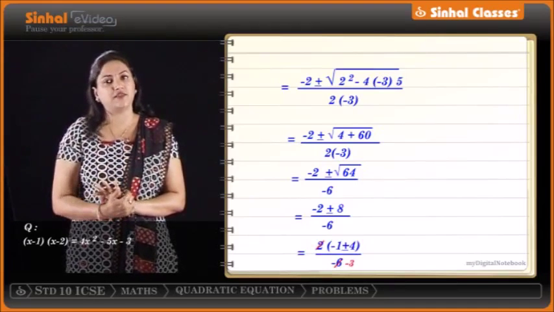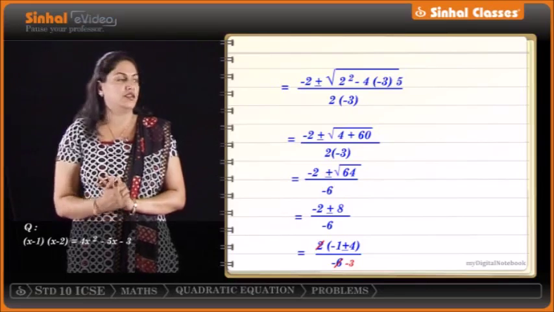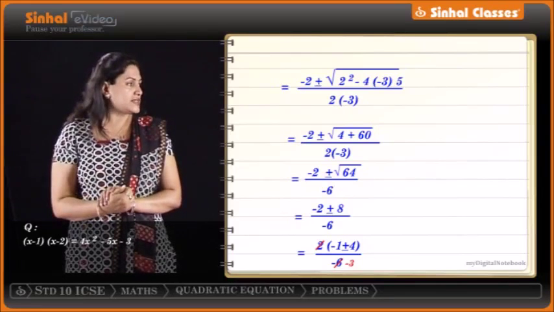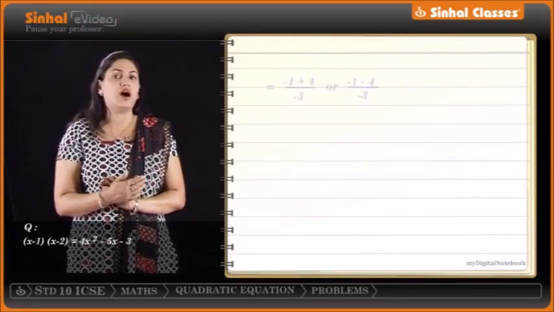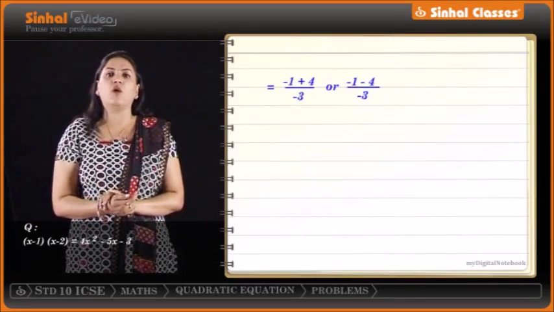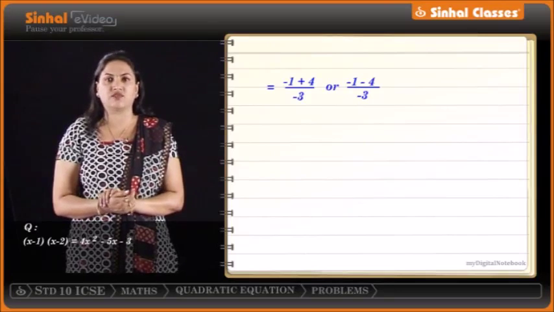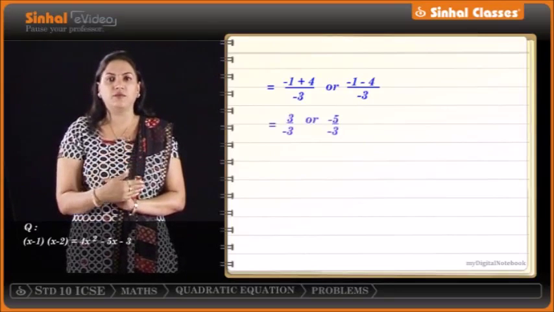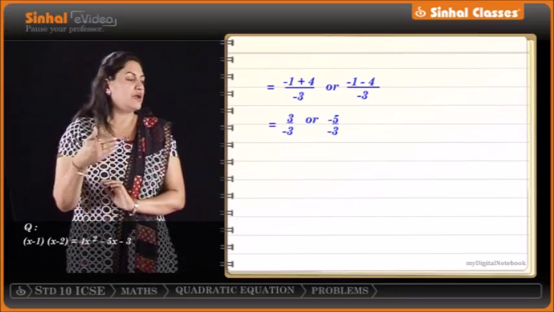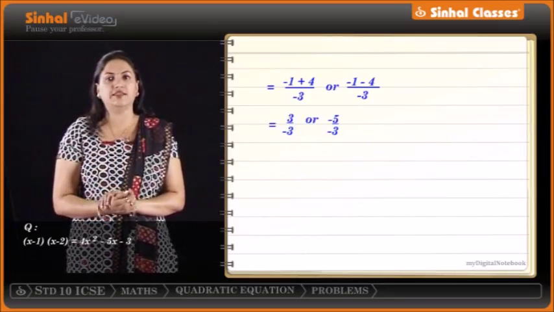Now cancel 2 and minus 6. In the denominator we have minus 3. So we get minus 1 plus 4 upon minus 3 or minus 1 minus 4 upon minus 3. That is 3 upon minus 3 or minus 5 upon minus 3.